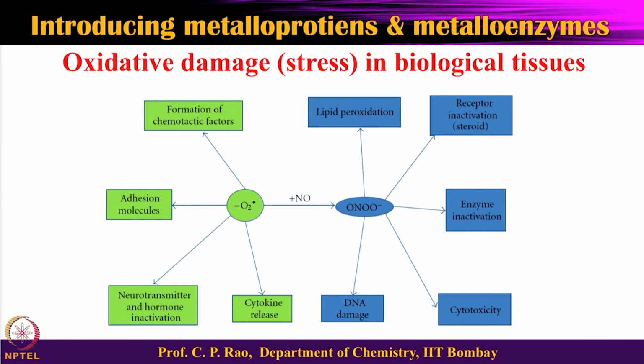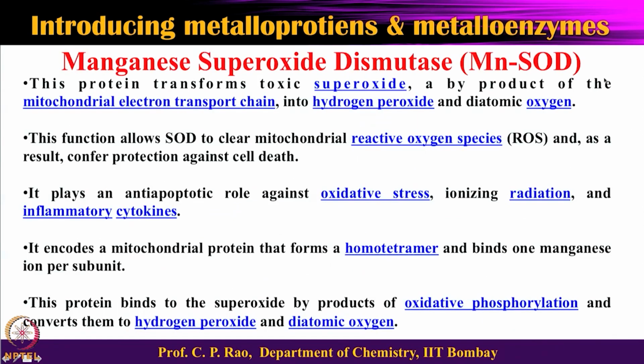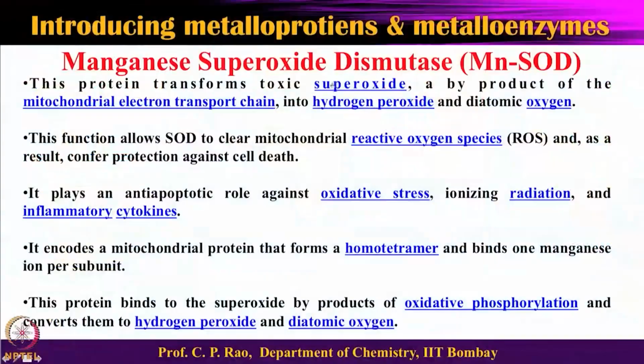Now, let us look at the enzyme which indeed takes care of these O2 minus radicals and tries to disproportionate them. That particular enzyme is called the superoxide dismutase. Since it is manganese containing, we call it a manganese superoxide dismutase.